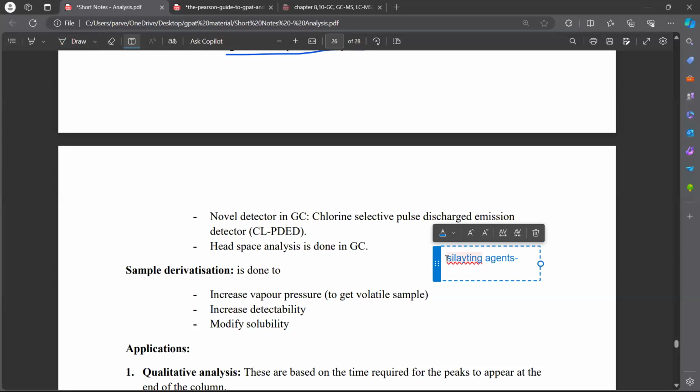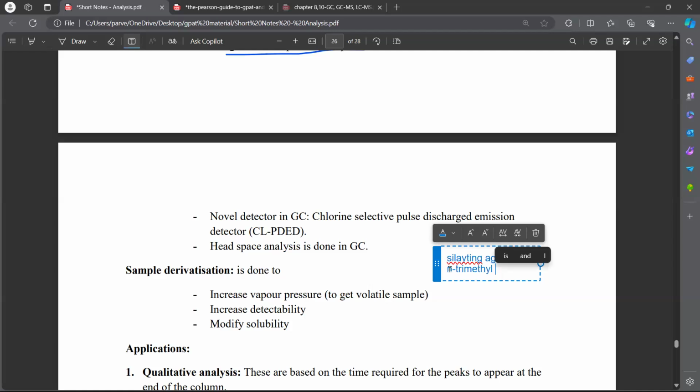Do anyone remember the name of any silylating agent? Any one example? Trimethylsilylimidazole, then bis trimethylsilyl trifluoroacetamide.